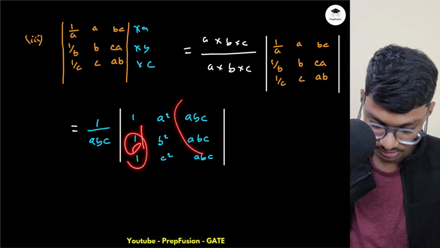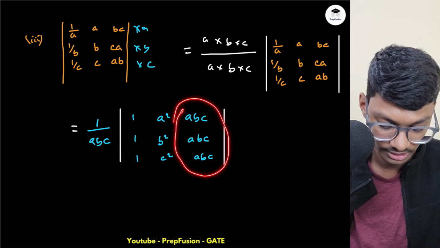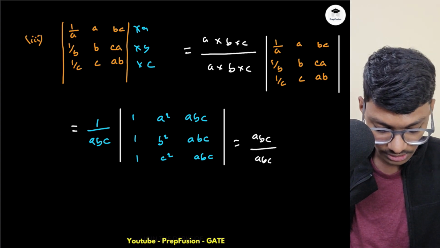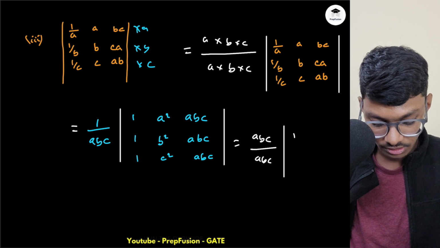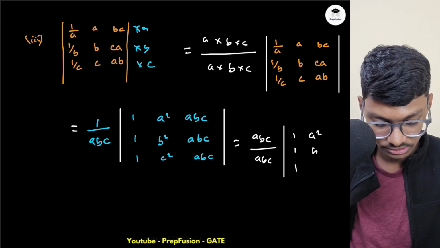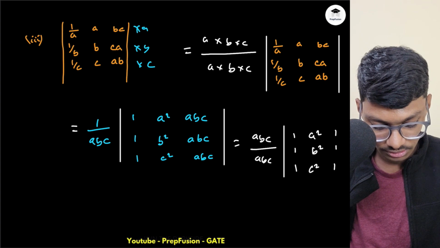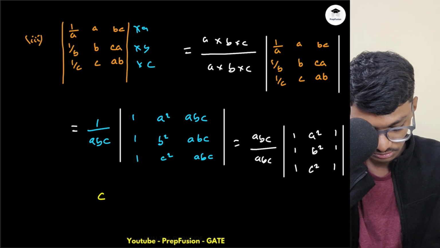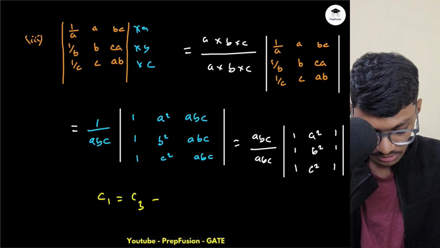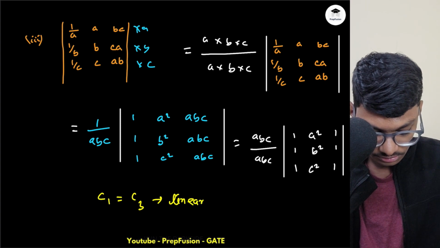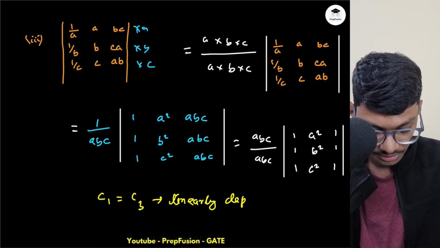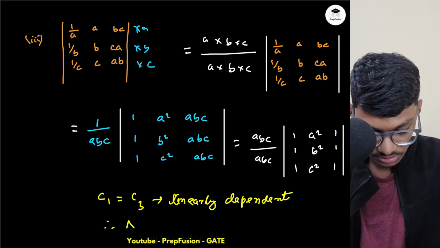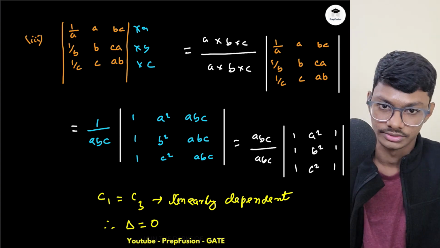Either we can make zeros, or we are seeing something simple, we can take common this abc. If you take common this abc, it will get cancelled out, but the first column and the third column will be identical, so hence obviously c1 equals c3, linearly dependent, hence delta will be equal to 0 itself.